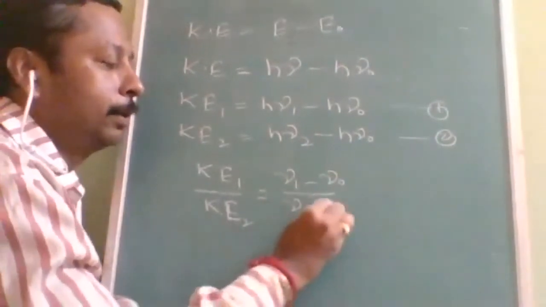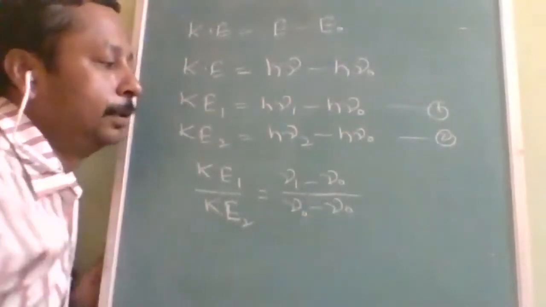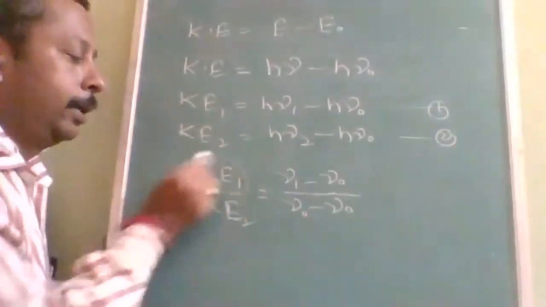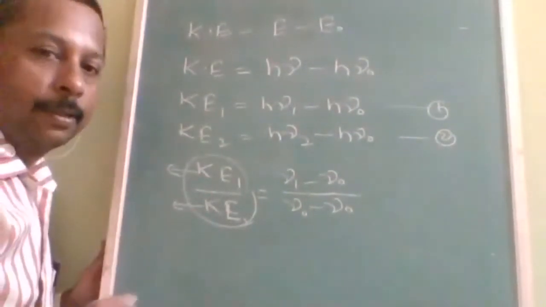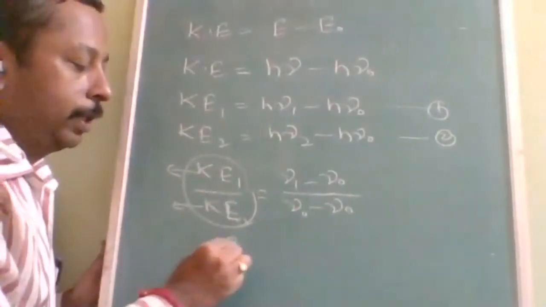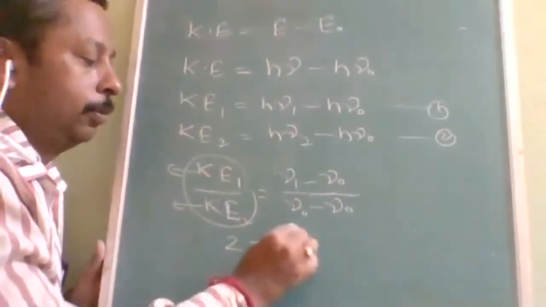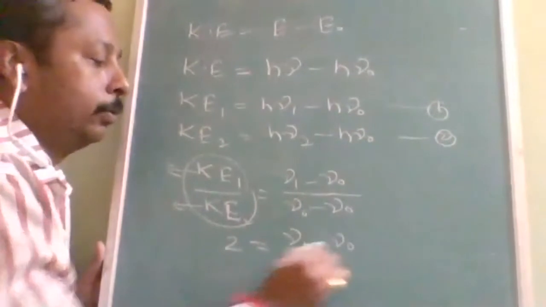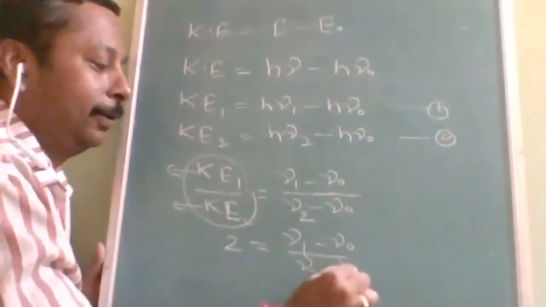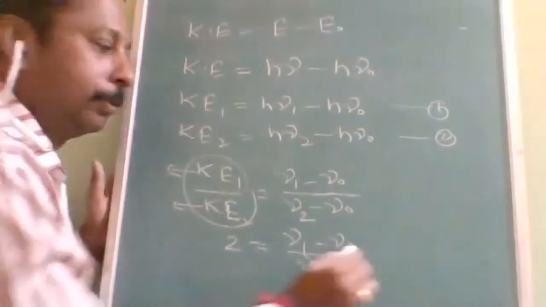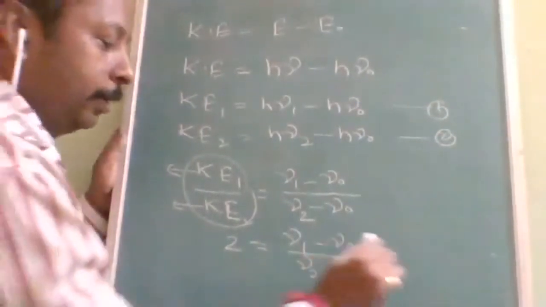Required, keep it. Okay, don't dump the things around it. And here it is given, this kinetic energy is twice of this. So 2 will get cancelled or not? 2 into (nu2 minus nu0) divided by (nu1 minus nu0). Is it understood, students? Very good.